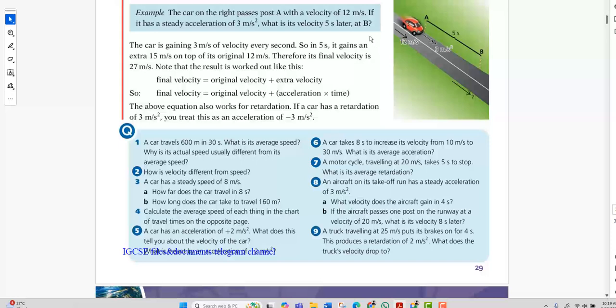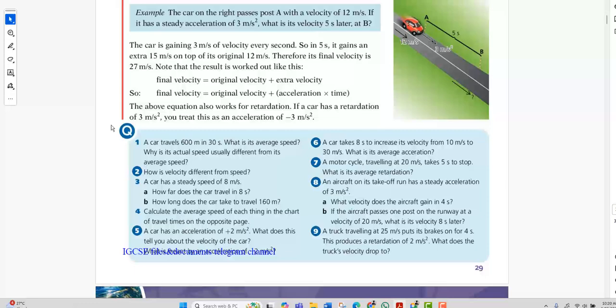That is 3 into 5, 15, plus 12, so that is equal to 27 meter per second, because for every 1 second it will change its speed by 3 meter per second. So in a total of 5 seconds it is going to change a total of 15 meter per second, and initially it was 12, so that would be 27 meter per second, right?